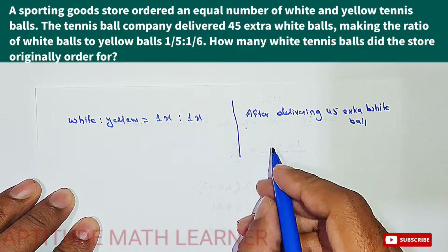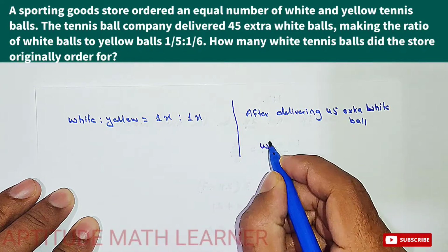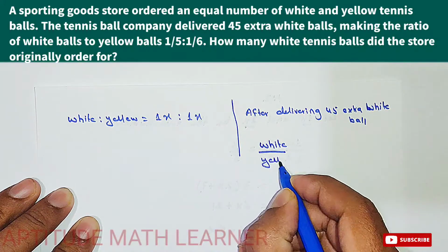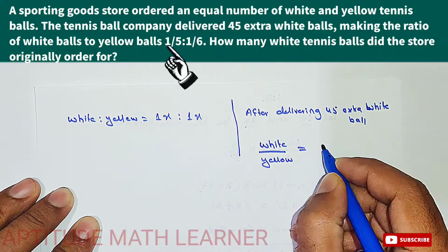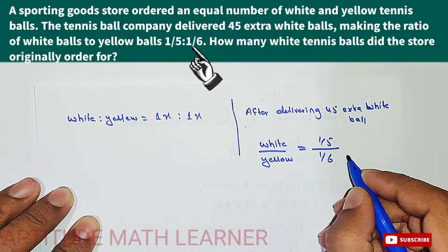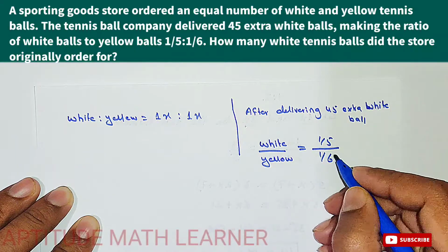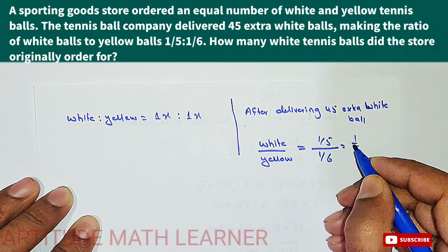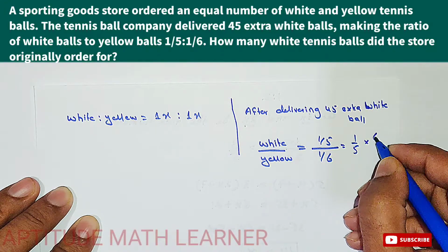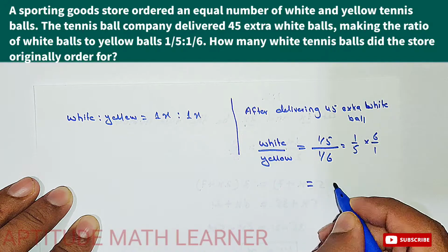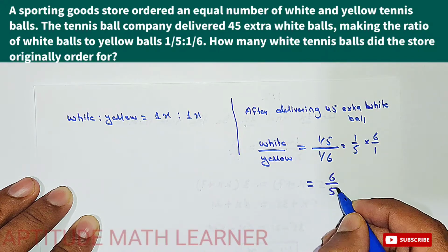Now white upon yellow is 1/5 divided by 1/6. So what does this become? It becomes 1/5, and cross multiplying, 6/1, which becomes 6/5.